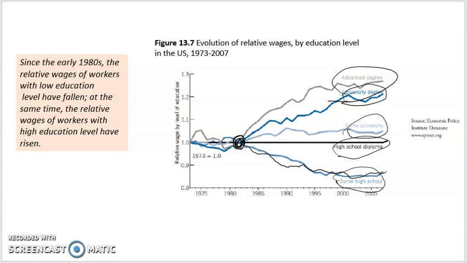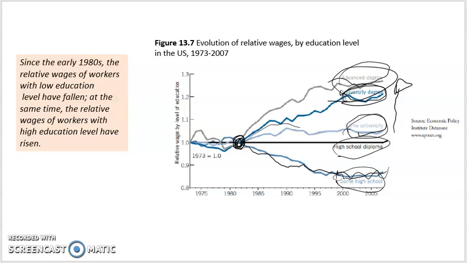As you get more educated, your wage level increases, such that those with an advanced degree earn more than those with a university degree, and those with a university degree earn more than those with just some university attendance. And at the bottom end of the education ladder, the relative wage of workers who have not completed high school has significantly declined.